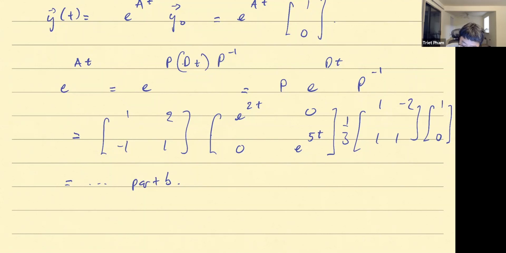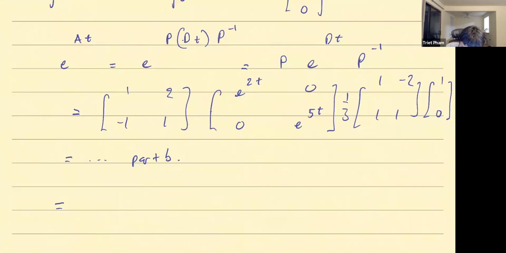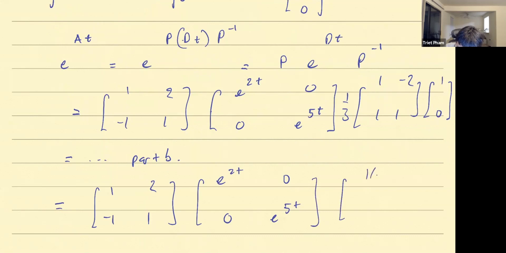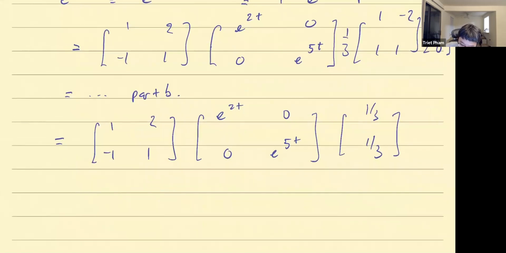Anyway, let's calculate. I multiply from right to left. I get the matrix 1, -1, 2, 1 times e to the 2t, 0, 0, e to the 5t, and then the 1/3 factors. Right to left, 1/3 e to the 2t, and then 1/3 e to the 5t.